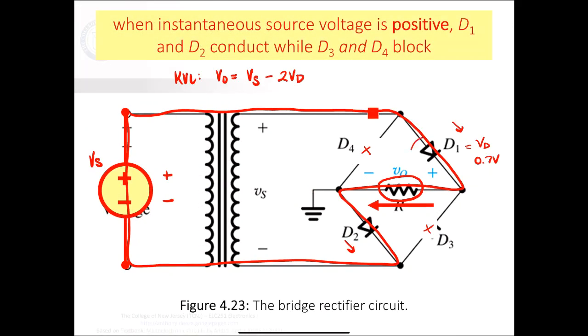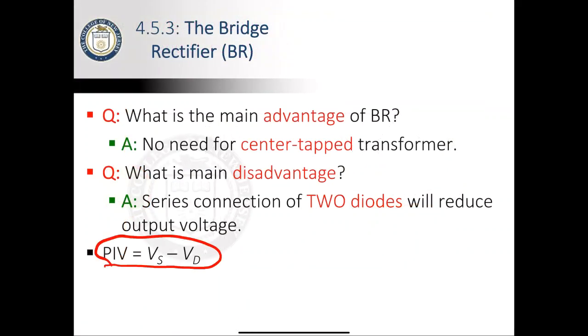Because now each path has two diodes as opposed to one, there's an advantage where the peak inverse voltage is actually being split between the two diodes, which reduces its magnitude. So instead of it being 2Vs minus Vd, it's 2Vs minus 2Vd, which can be simplified down, because we have to divide by both the diodes, to Vs minus Vd.